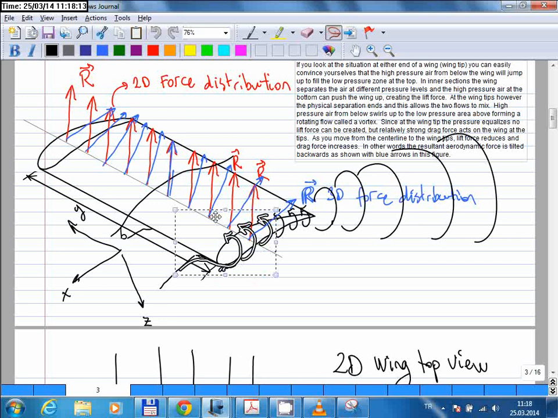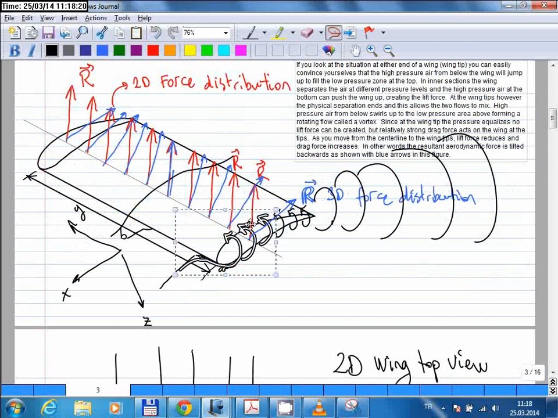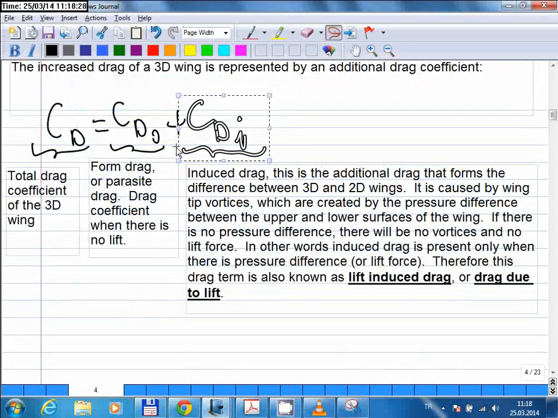And this is what is included in this part. All that effect is included here. And if there's no pressure difference, that means if there's no lift force, there will be no such vortices, and there will still be some drag force, and that drag force is included here.